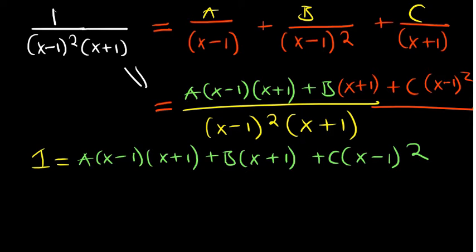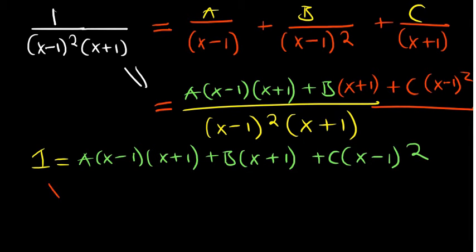So let's try to find the values of a, b, and c. Okay, so how do you go about this? This is going to be fun and straightforward. Let me use the elimination method before we use the substitution part. We can eliminate two of them and find the other one. I know that if I put a 1 where there's x, all the parts having x minus 1 will disappear. So let's do that.